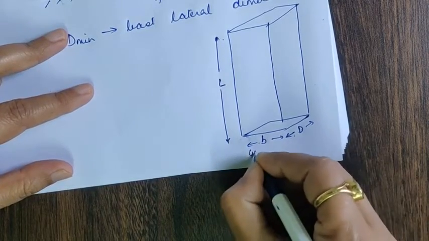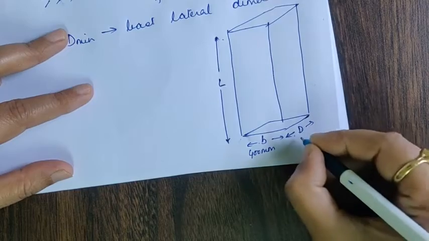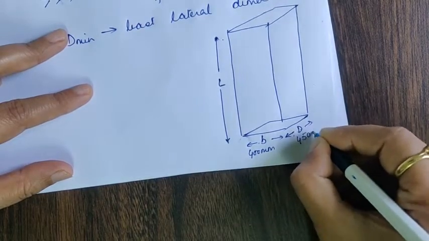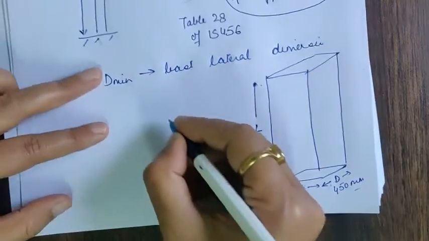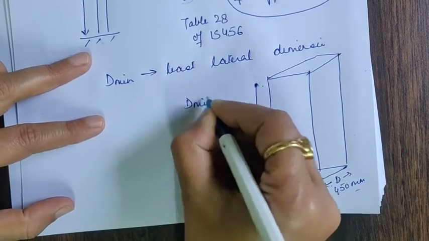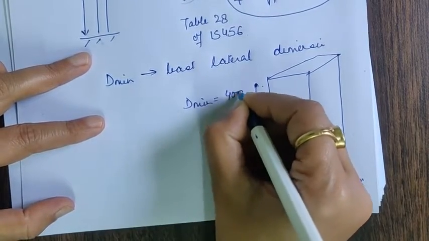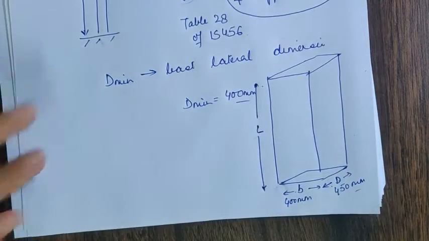Let us say this value is 400 millimeters, this value is 450 millimeters, then D minimum, we will be taking it as the minimum of the two, that is 400 millimeters.